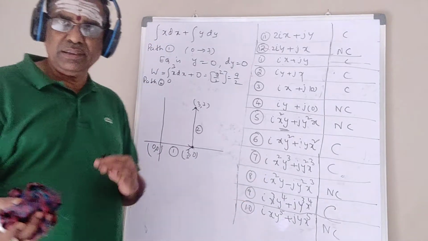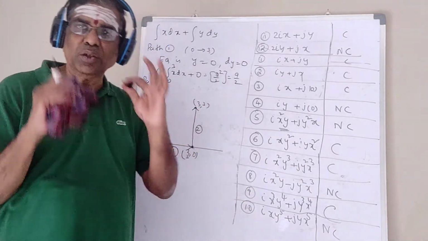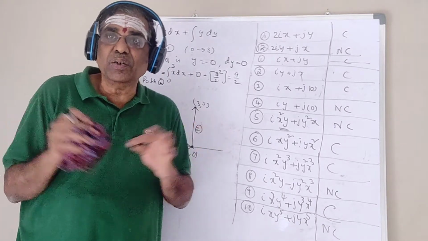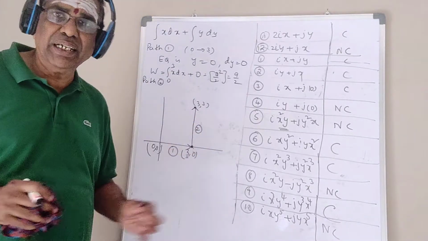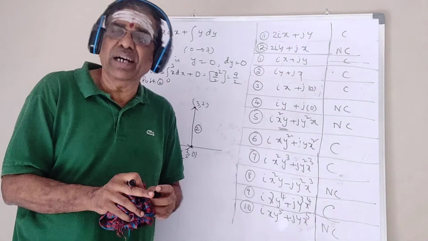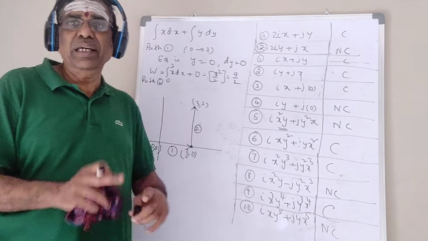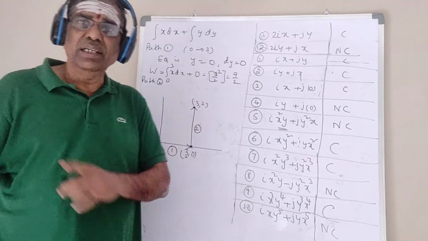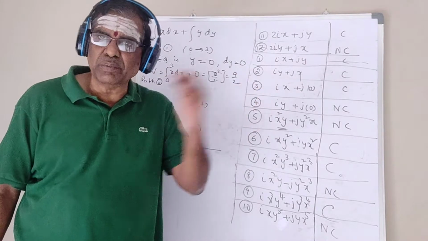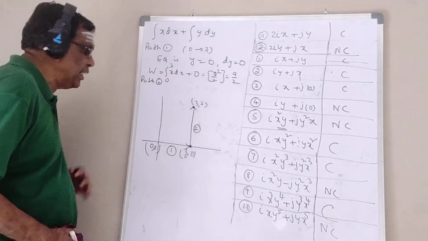There are techniques to do it without this also, but I don't want you to get into such things in the beginning. Identify each path, tell me the work done in each case, and then add up. Plus, plus, minus, minus, it doesn't matter.